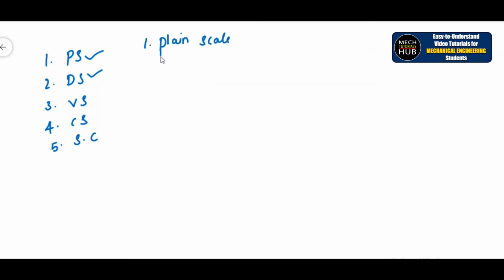Coming to this particular plain scale, a few pieces of information before I start with any of the problems. This plain scale is going to read up to 2 units.